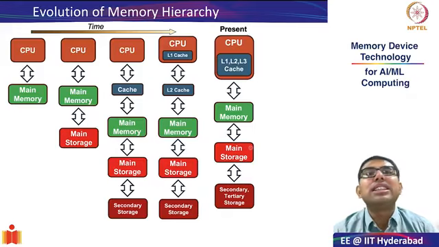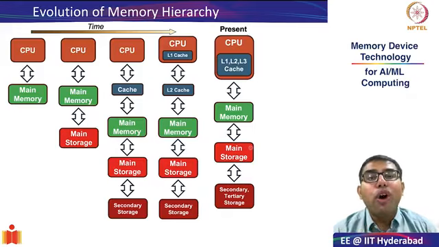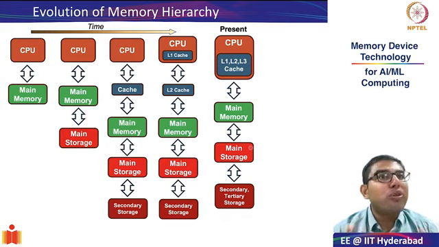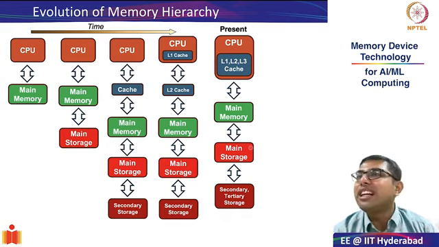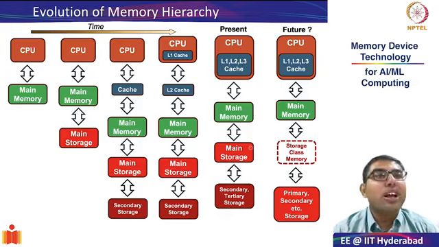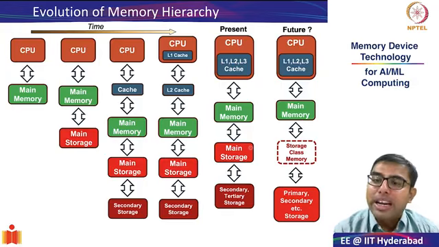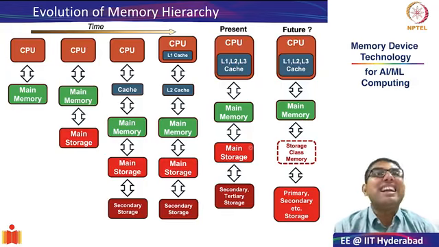So this is the evolved memory hierarchy, and I could probably convince you that all of these complications have come because of growing needs, growing complexity. So is what we have done presently frozen in time? Not really. The requirements for the future are even more intense.